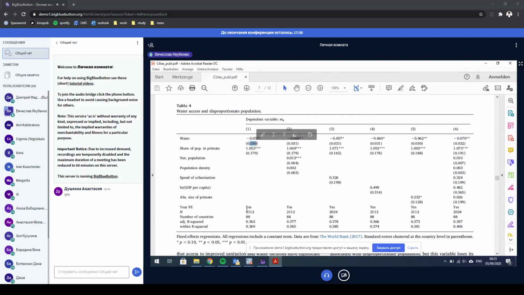Maybe it's not as strongly significant, even though it's significant. If you look at population density in the second column, you will see that the coefficient is smaller than the standard error. So this is exactly, yeah, that's a 0.